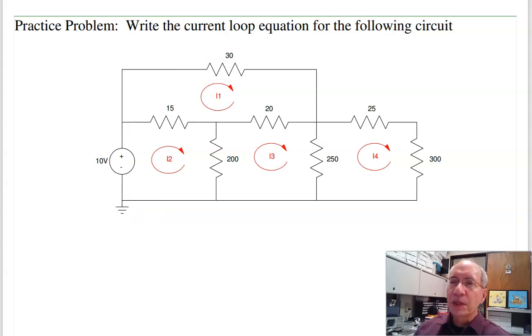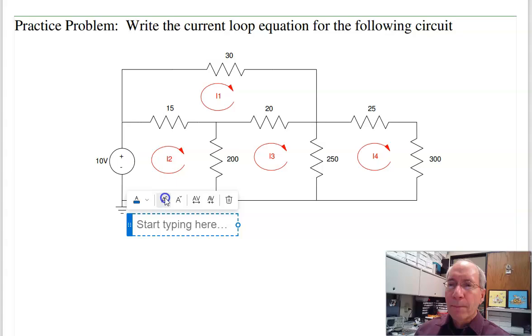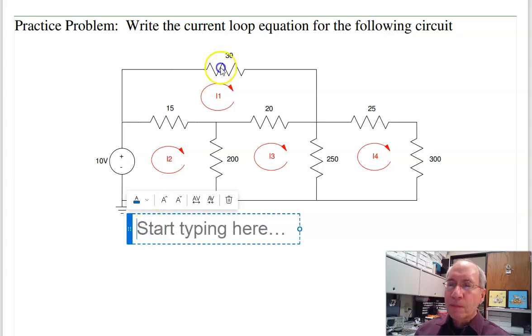Okay, let's start with I1. Let's start right here at 30 ohms. I get 30 times I1, that's this voltage coming down, plus 20 times the current going left.